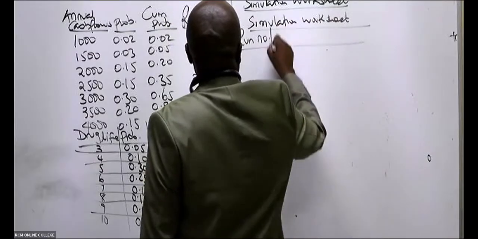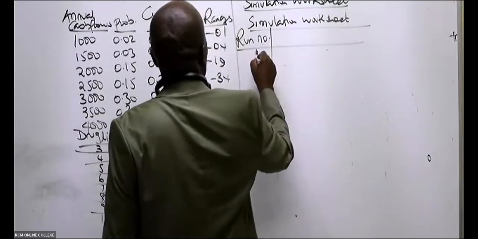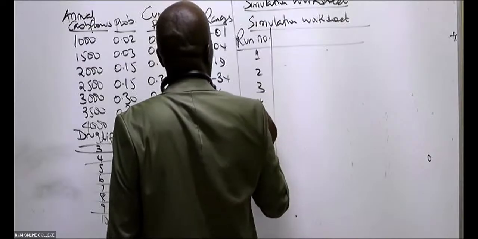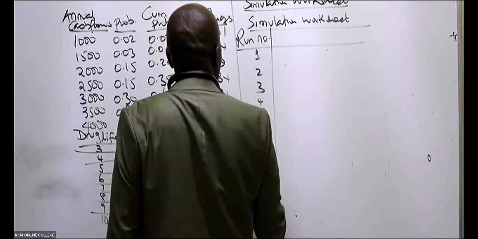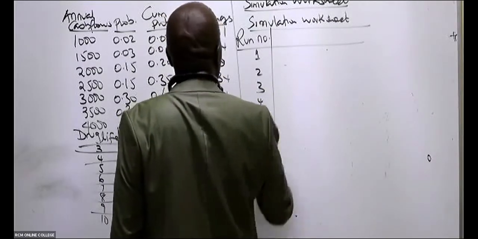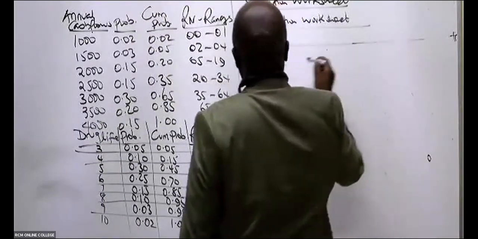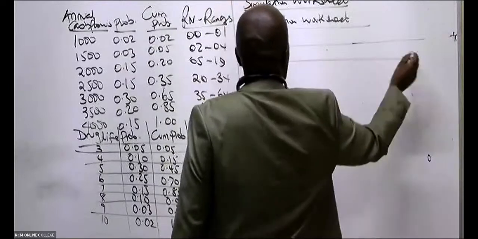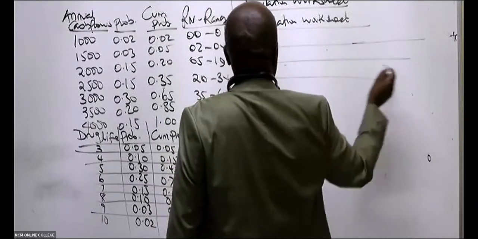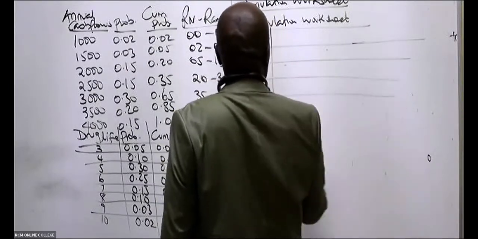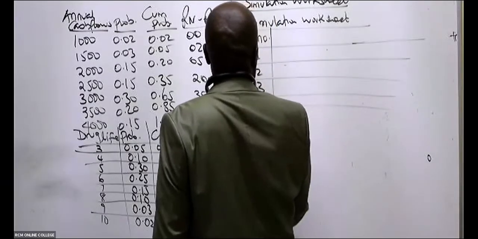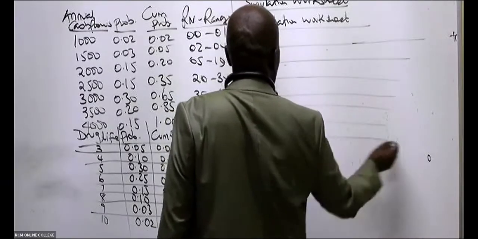So we have here run number 1, 2, 3, 4, 5, 6, 7, 8. They have told us to run how many times? 10 times.